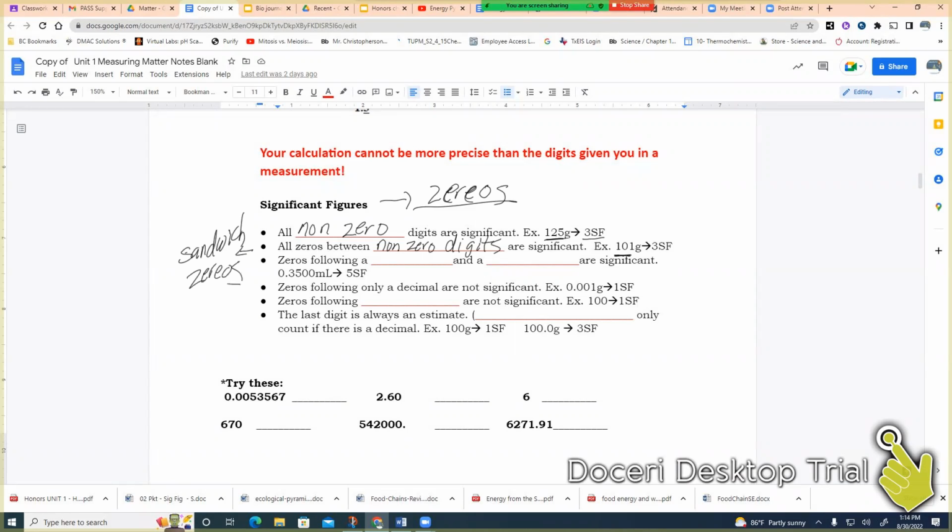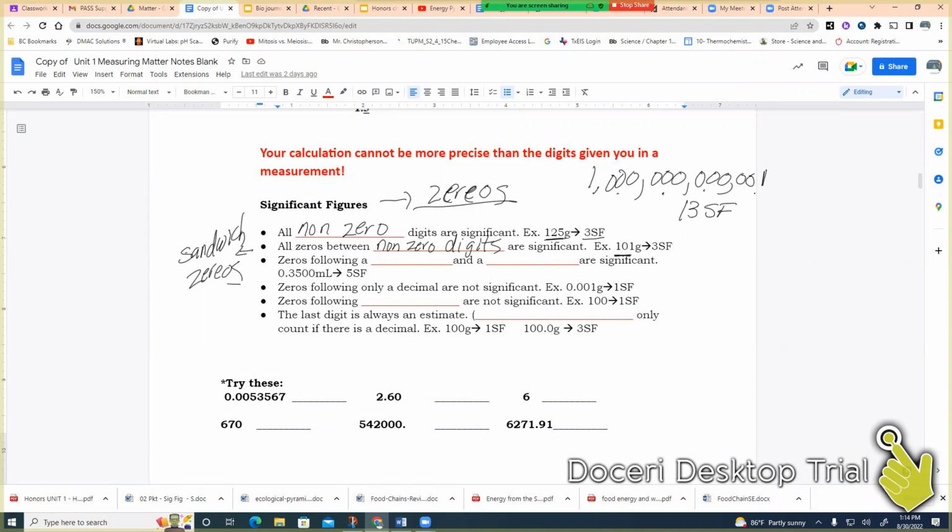I could have however many zeros I wanted in the middle. As long as there was a non-zero number on each end, everything is significant. So this one has 3, 6, 9, 12, 13 significant figures. So those are like the two easiest ones.